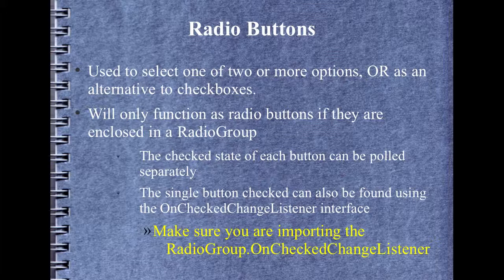Now, when we use OnCheckedChangeListener, and I'm going to talk about this in the next slide, we must make sure we import the right OnCheckedChangeListener. In other words, when you make your activity and say implements OnCheckedChangeListener, and if you're relying on the tooltip to do your import, make sure you get the right import. The one that says RadioGroup.OnCheckedChangeListener is the correct one.